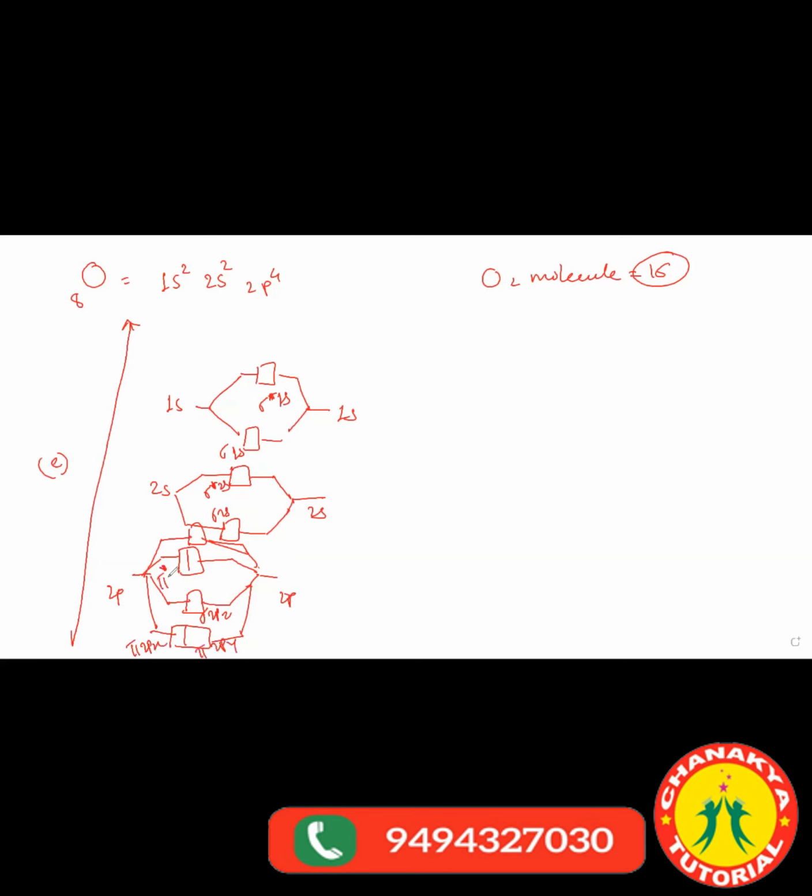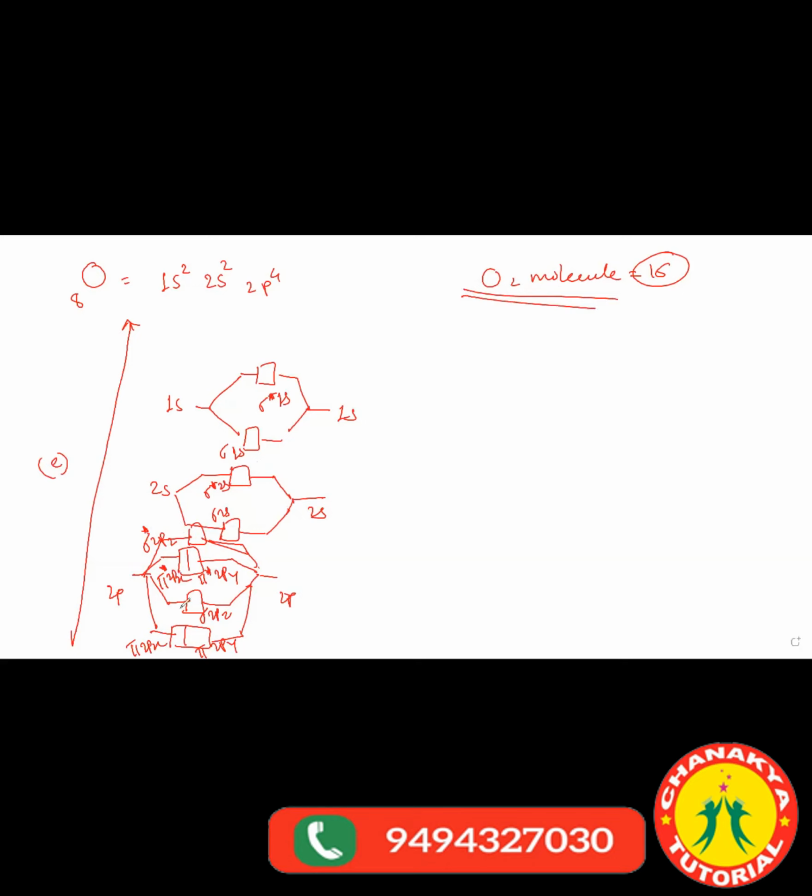This is pi star 2px, pi star 2py, and this is sigma star 2pz. Okay, these are the electrons. So these are the molecular orbitals which have been formed. And this sequence we have to follow for the O2 molecule.